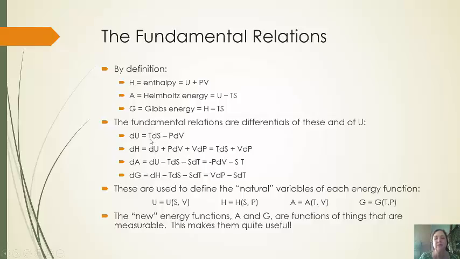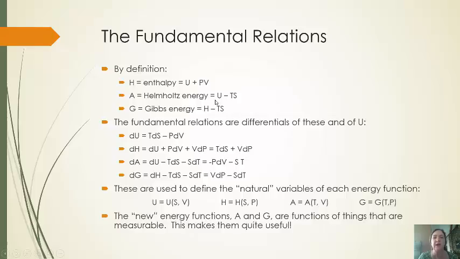But from the first and second law, I know that dU is TdS minus PdV. Minus PdV cancels, so I end up with the TdS and the VdP that are left. And so I have dH is TdS plus VdP.